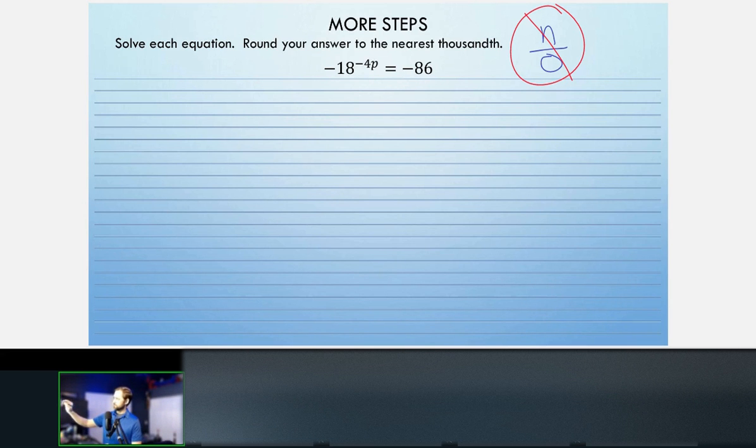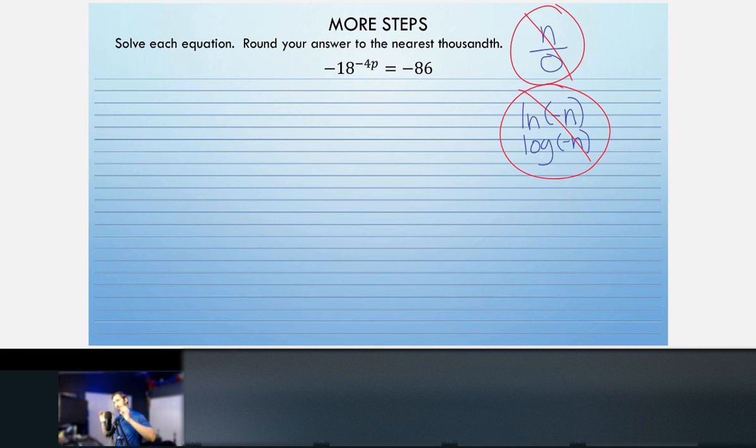Whenever you do a natural log of a negative number, or the log of a negative number, we also can't do that. That is also invalid. So we never want to do that. Whenever you get a situation like this and you want to natural log or log both sides, but there's a negative in front, you have to deal with it.